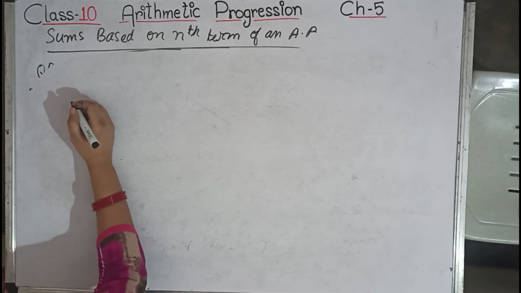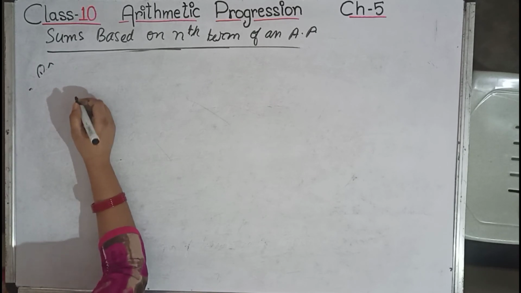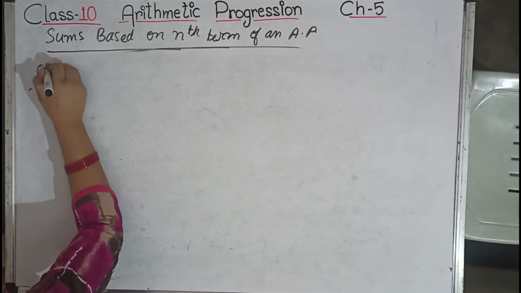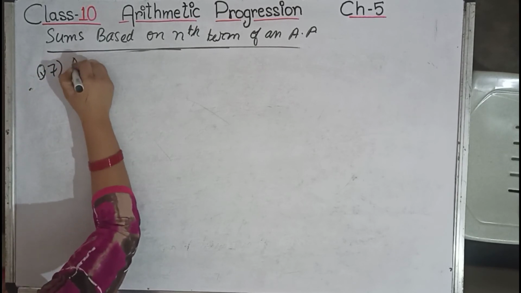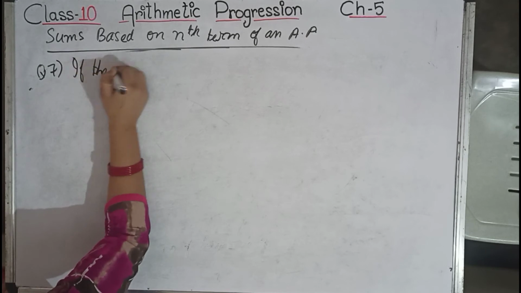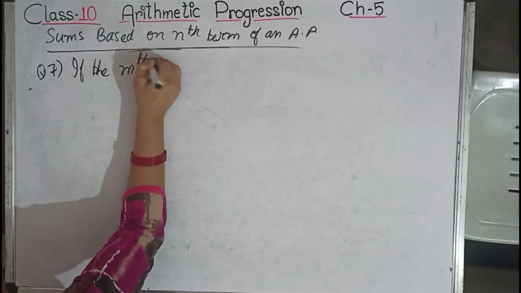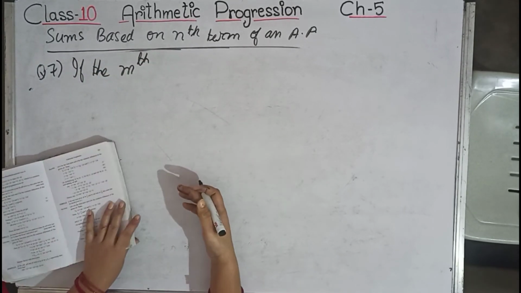One important question I am dealing with over here. Question number 7 I am writing. This also is a solved example in your book. Just see, if not understood, you refer over there as well.